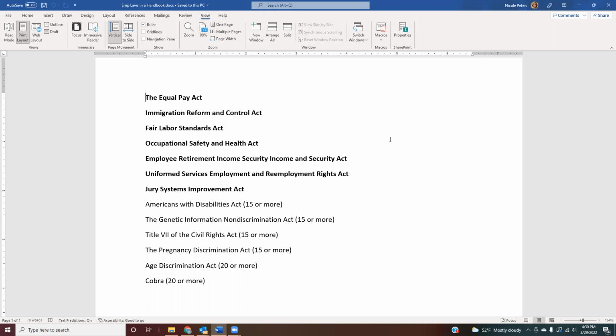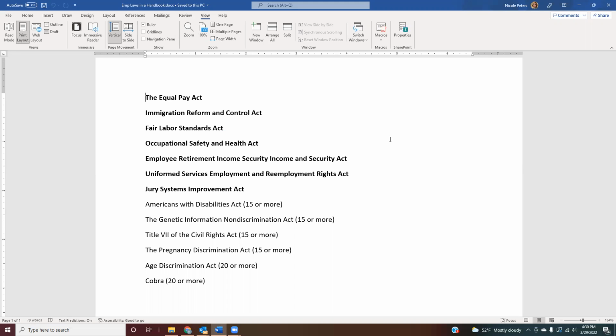Then we talk about the Immigration Reform and Control Act. The Fair Labor Standards Act should also be discussed, meaning overtime and minimum wage: you pay everyone at least minimum wage, and you pay time and a half for overtime. In addition, you should have some sort of policies in place about OSHA, or occupational safety.